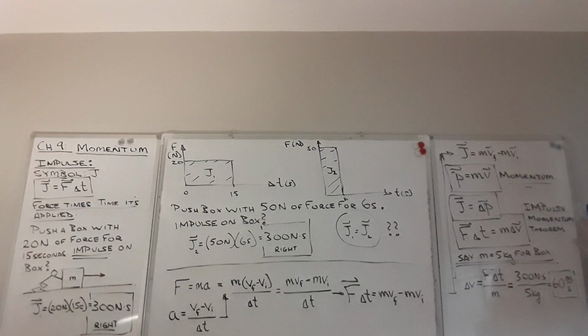So now we're going to give this box over here at the beginning of the first part of the problem a mass. The mass is going to be 5 kilograms for the box. Now if we solve for delta v here, the change in the speed of the box, that's going to be equal to the force applied times the time it's applied divided by the mass. And in both cases, that would be 300 newton seconds divided by 5 kilograms, which works out to 60 meters per second.